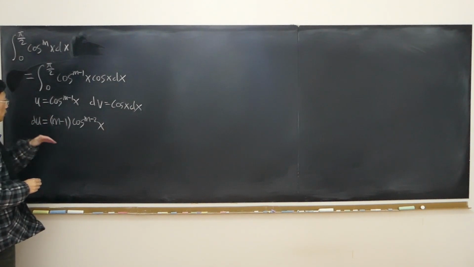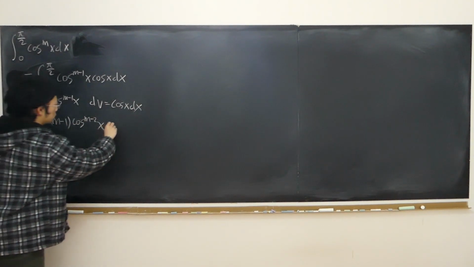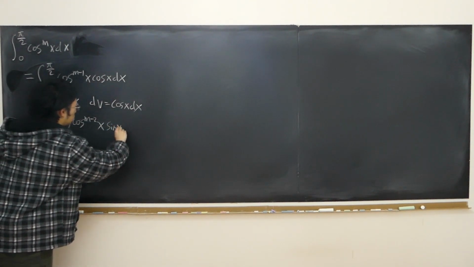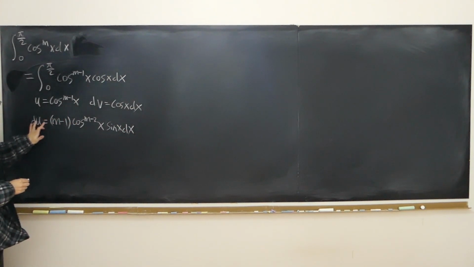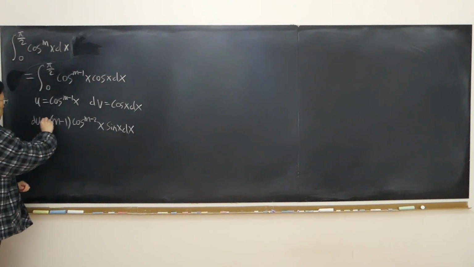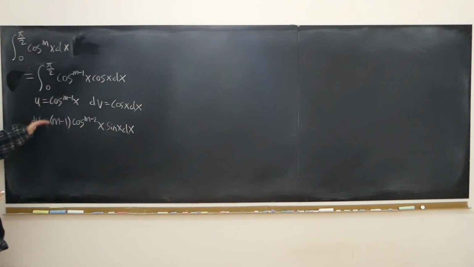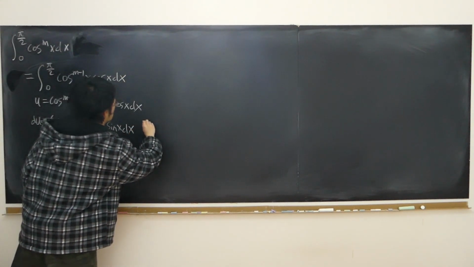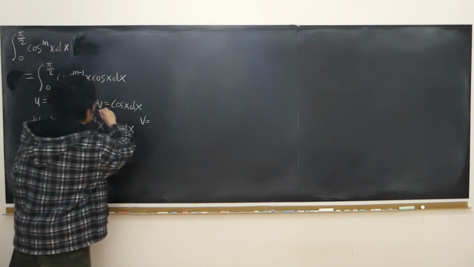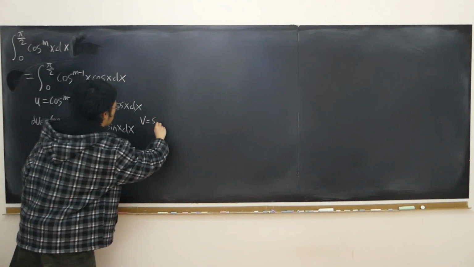Cos is differentiated to minus sine x, so we also have a minus in front. So this is equal to minus, there's a minus sign out here. So v is, dv, v is sine x.